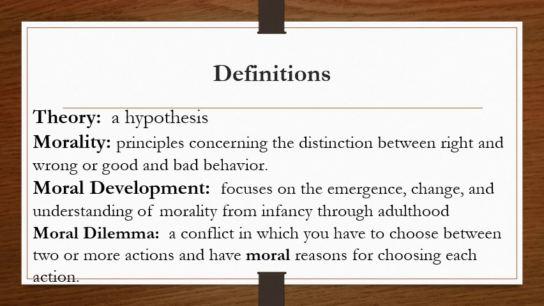We also have moral development, which is used throughout this presentation, and it focuses on the emergence, change, and understanding of morality from infancy through adulthood. And lastly, we have a moral dilemma, which is a conflict in which you have to choose between two or more actions and have moral reasons for choosing each action.